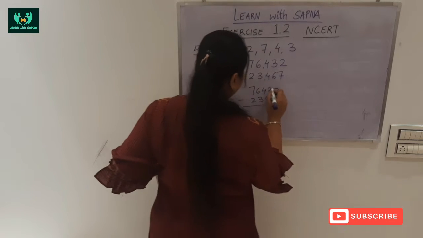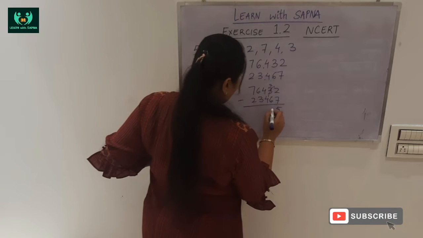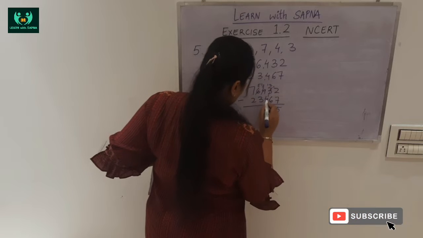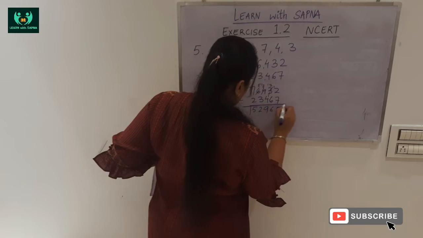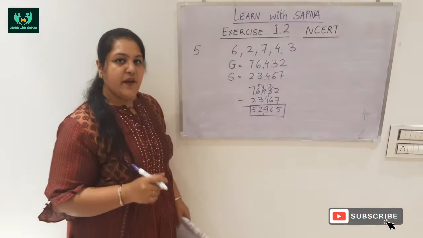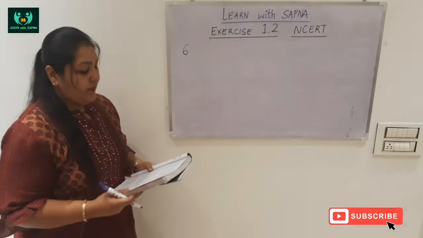Simple subtraction. 52,965. That is the difference between the greatest and the smallest number.